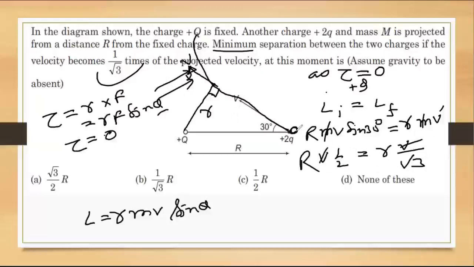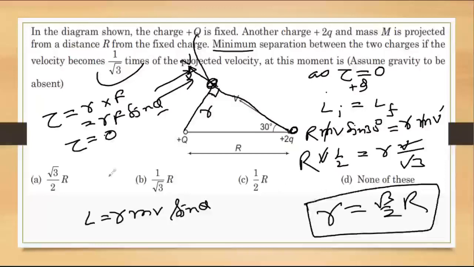Here the potential energy and kinetic energy, and there the potential and kinetic both will be the same, because the electrostatic force is a conservative force. Energy is neither created nor destroyed. So from this we can understand that it will be √3/2. So the answer is A.